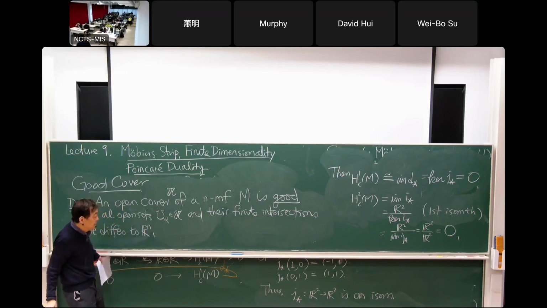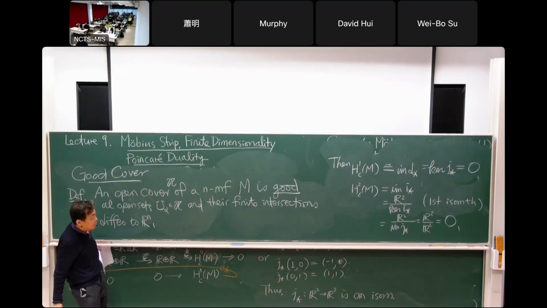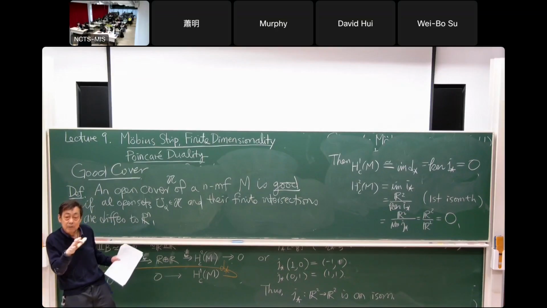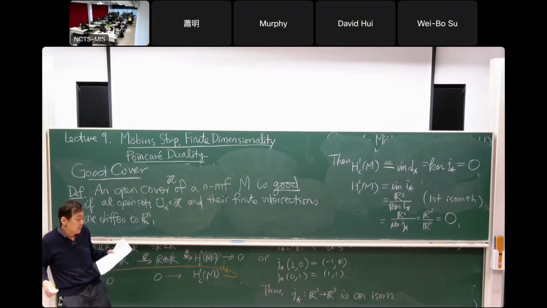An example of a good cover is the cover we just wrote down for the open Möbius strip. All the open sets and their pairwise intersections there are diffeomorphic to Rn.